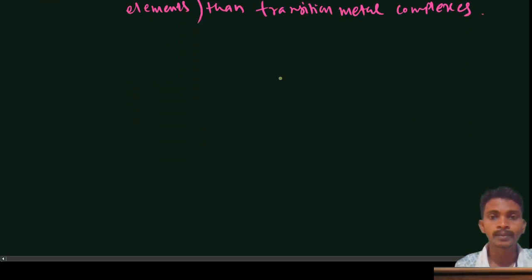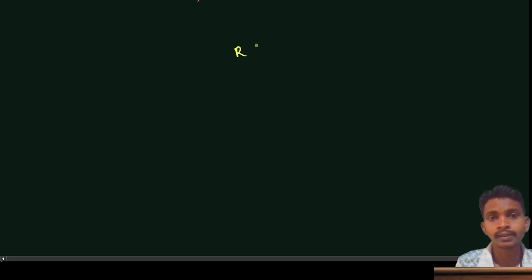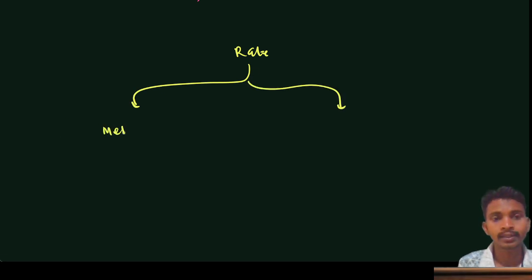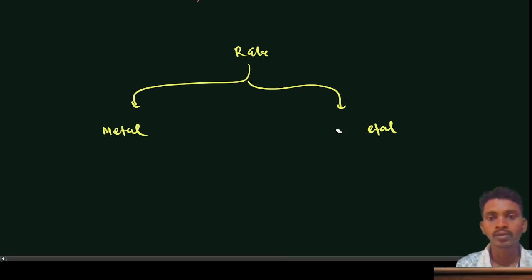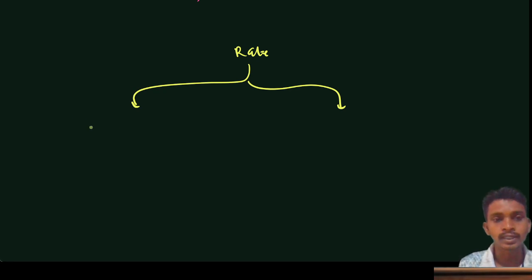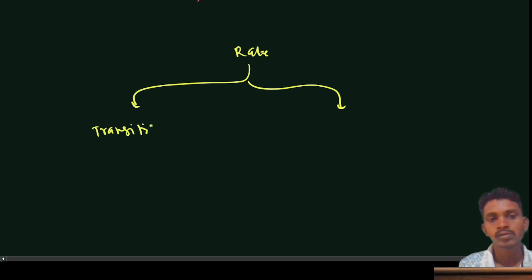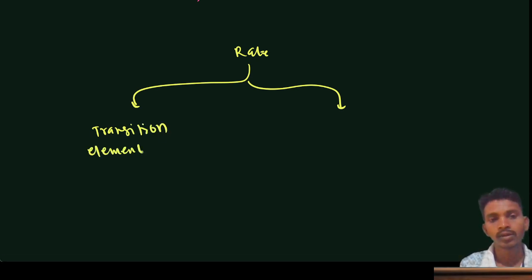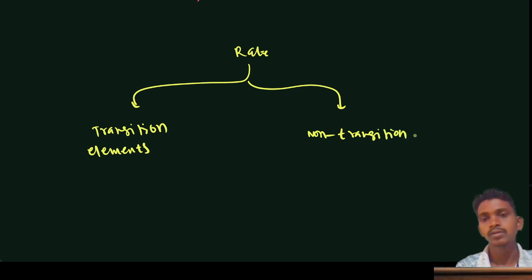So what we see, in the previous class we discussed the rate for transition elements, that is d block elements, and non-transition elements, that is main block elements.